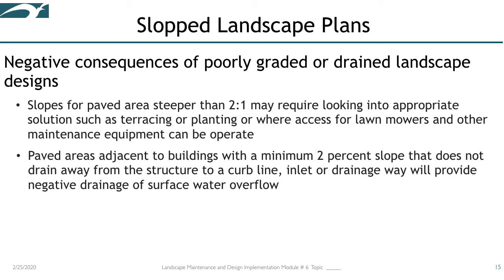Paved areas adjacent to buildings with a minimum of 2% slope that does not drain away from the structure to a curb line will bring in another sort of drainage problem that could be negative for the houses or the surface runoff. How do you solve those problems? This is what the landscaper is up against.